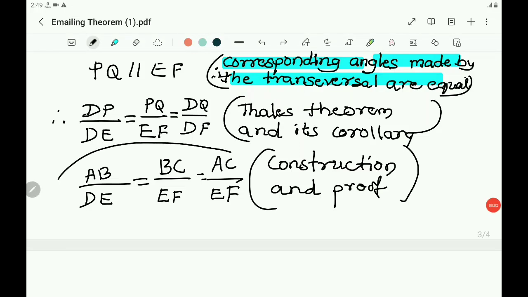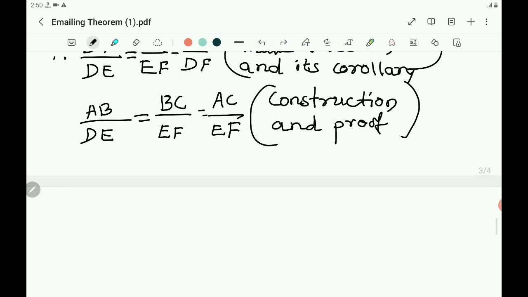Once you get that the corresponding sides are proportional, you can say that triangle ABC is similar to triangle DEF. Then you write, therefore, triangle ABC similar to triangle DEF.